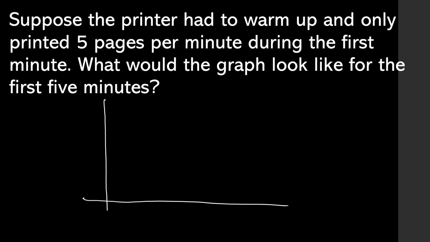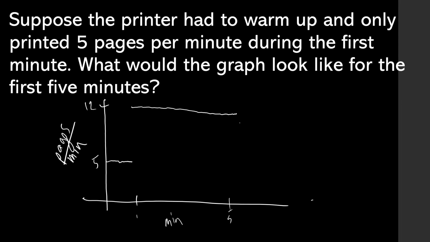Maybe your printer has to warm up, so it has a different rate for that first minute, say 5 pages per minute. And then for the rest of the time, that printer is still printing 12 pages per minute. So I suppose the question is, can we still use the area under this curve?